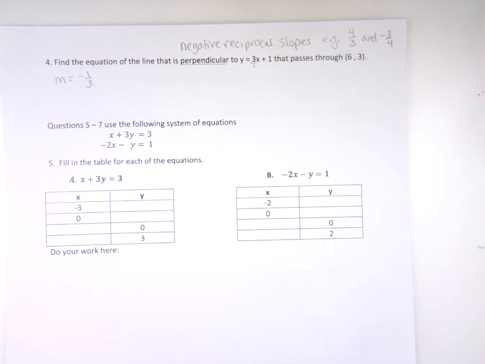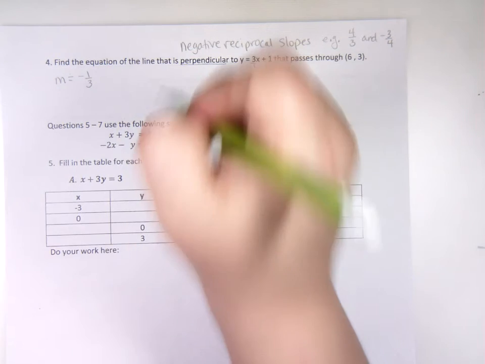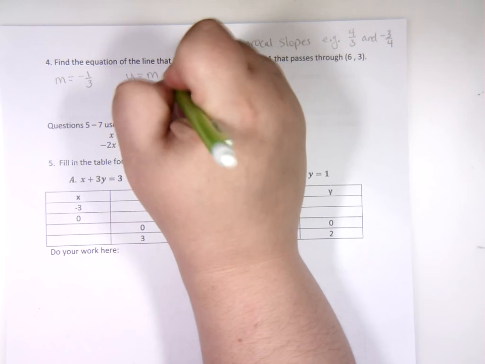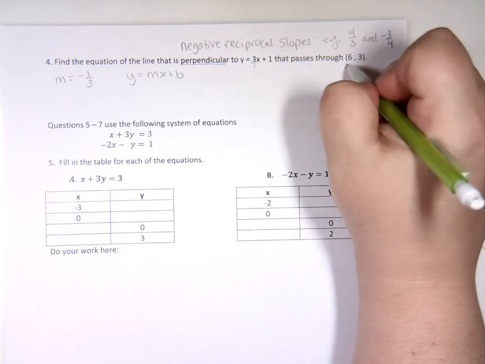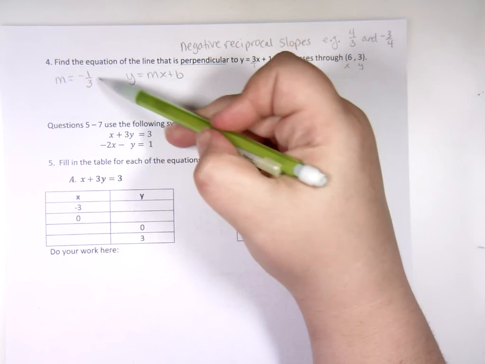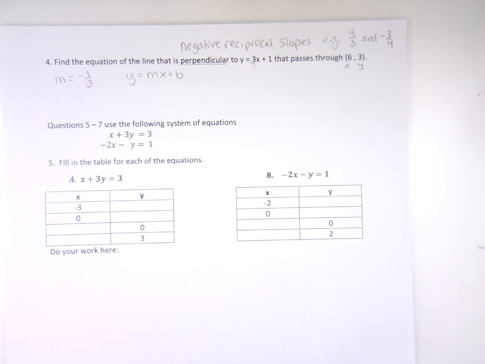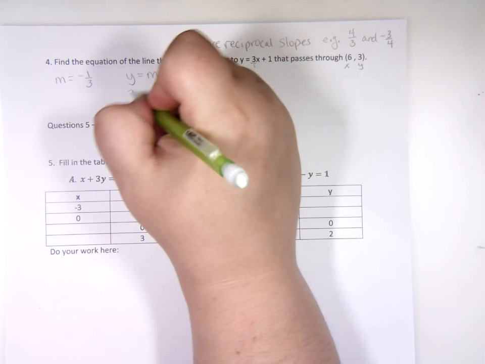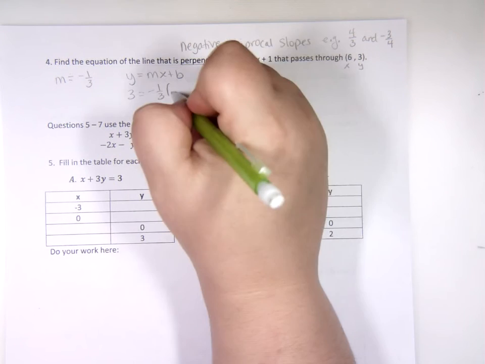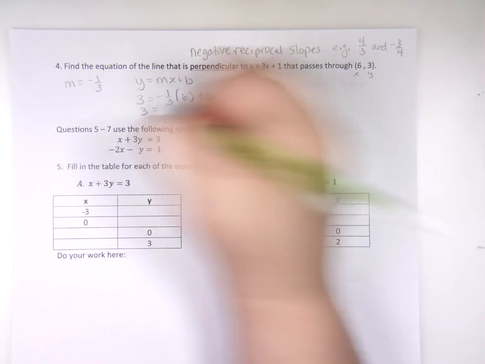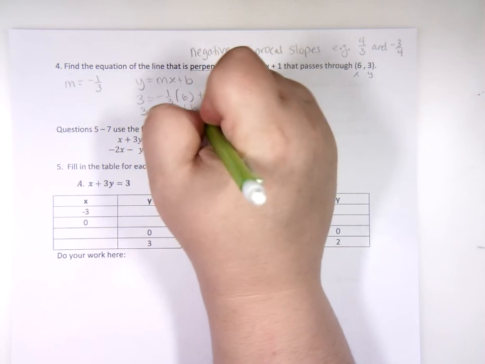And the equation of the line is y equals mx plus b. We have an x, we have a y, and we have an m. So all we need to do is plug in everything and solve for b. So we've got 3 is equal to -1/3 times 6 plus b. That tells us that 3 is equal to -2 plus b, and 5 is equal to b.